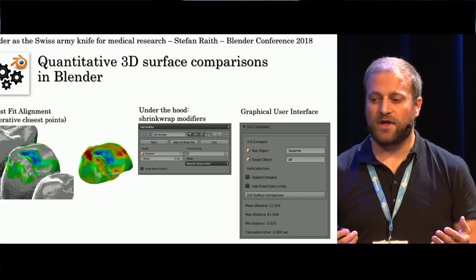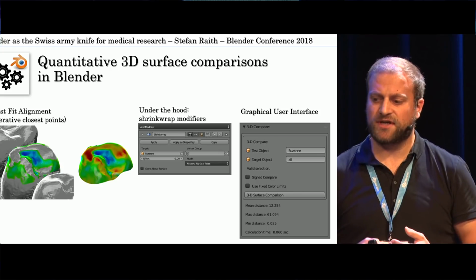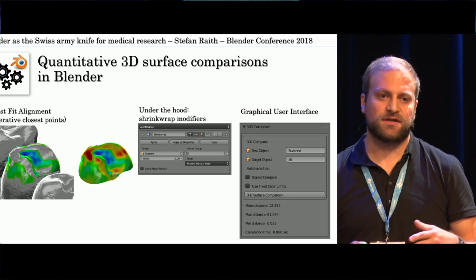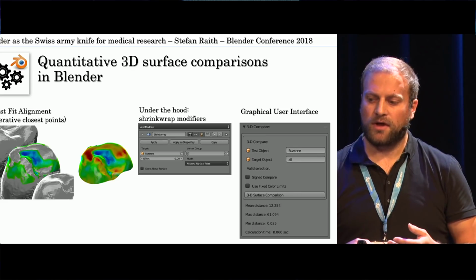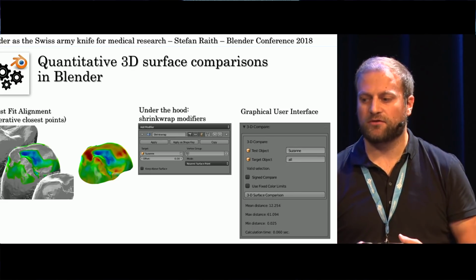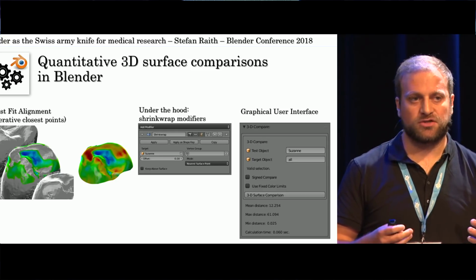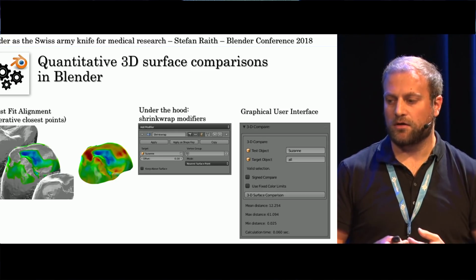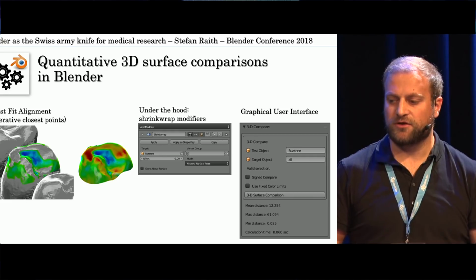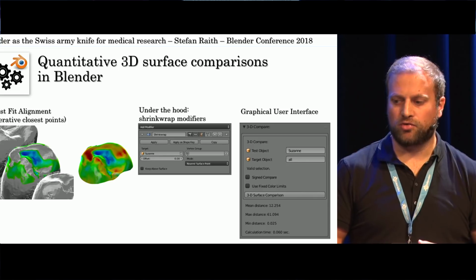three-dimensional deviations. Under the hood, this works with the shrinkwrap modifier that is executed several times iteratively to find the best projection, and then also the 3D correspondence. We defined a graphical user interface to make this available for non-programming experts.